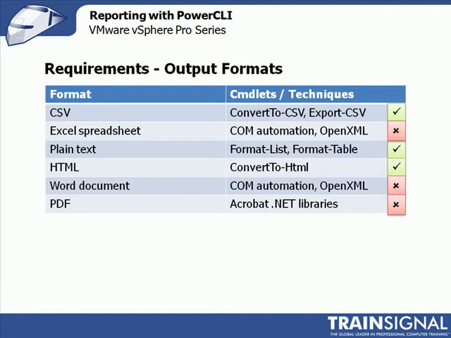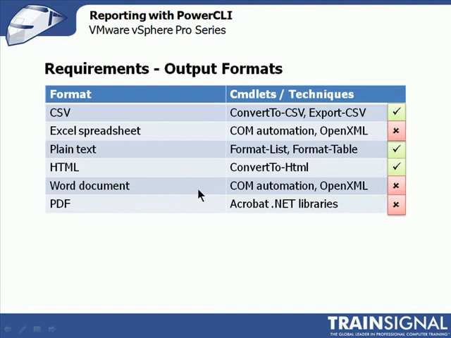PowerShell will create that tabular data for you and give you the HTML that would surround it, and you can say, I just want the fragment there. Or you can produce the full HTML document, including the head and the body and all those things. So there's several different options. You can even tie in a CSS style sheet for your report. There's all sorts of cool things you can do with that commandlet.